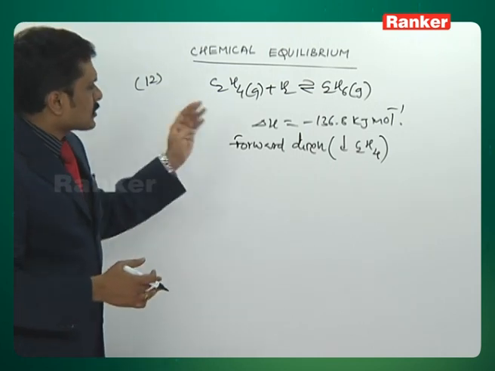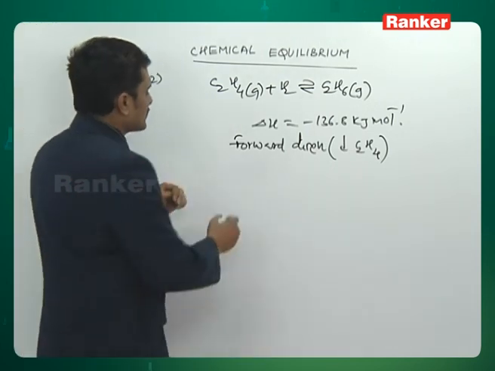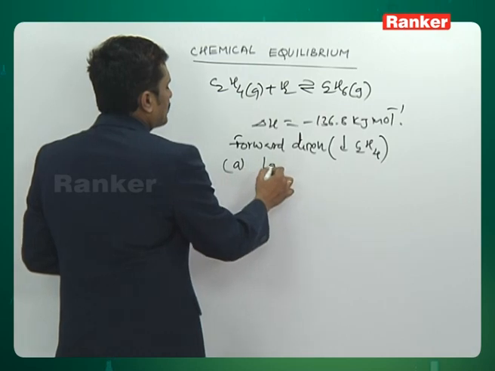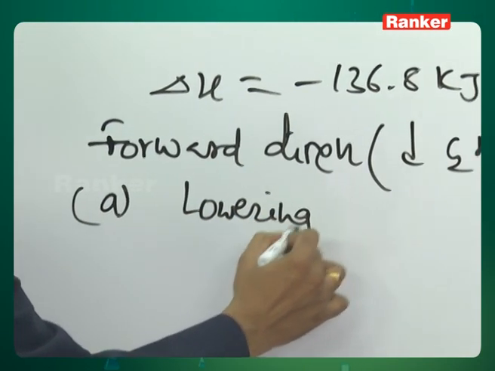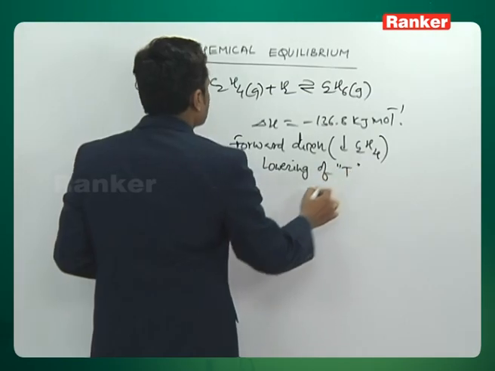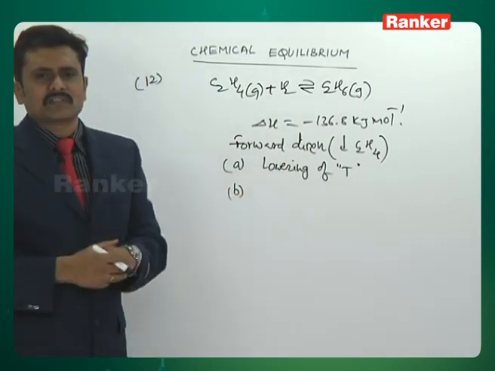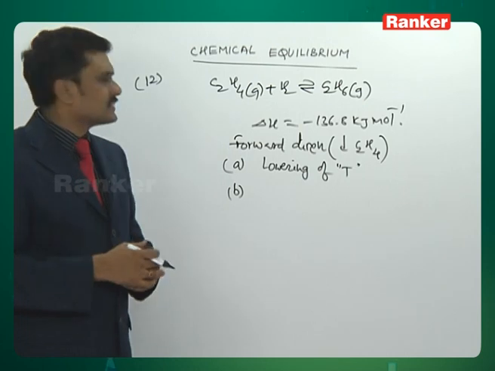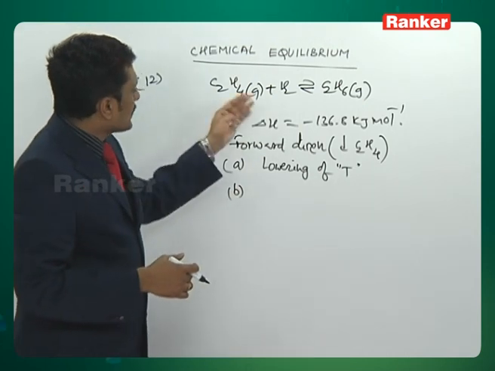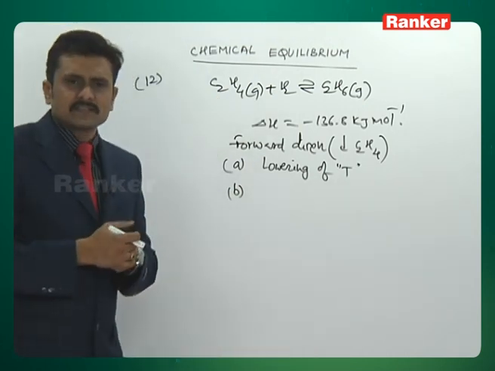So here the forward reaction can be achieved for an exothermic reaction by lowering of temperature. In option A we have increasing the temperature. Increasing the temperature will shift the equilibrium in the backward direction and the amount of C2H4 will increase.